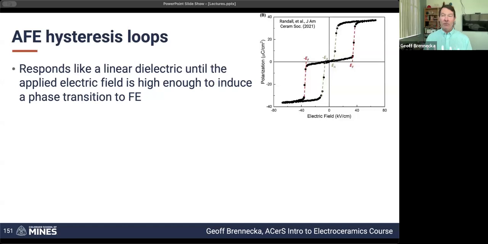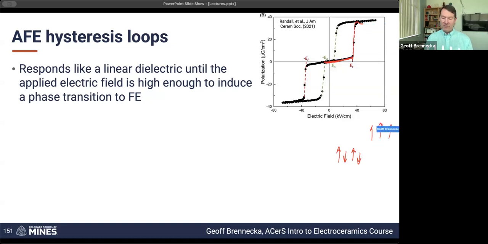But just like an unpoled ferroelectric, when we apply a large enough field, we can get all of those to align. So when we start at low fields, it looks just like a linear dielectric. And then we get to a high enough field that eventually we're going to flip everything around so that all the dipoles are pointing up.